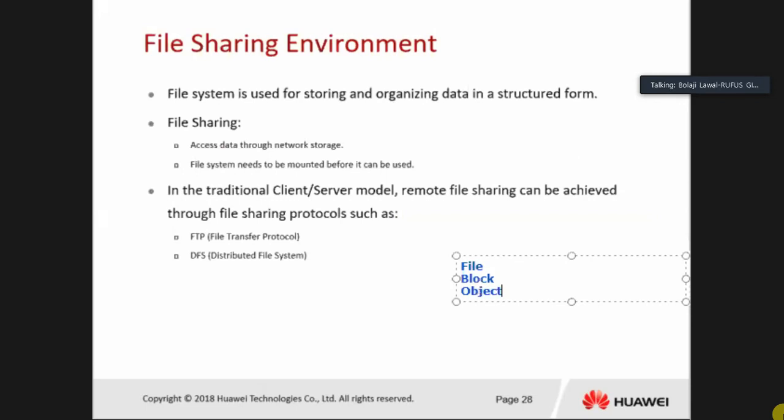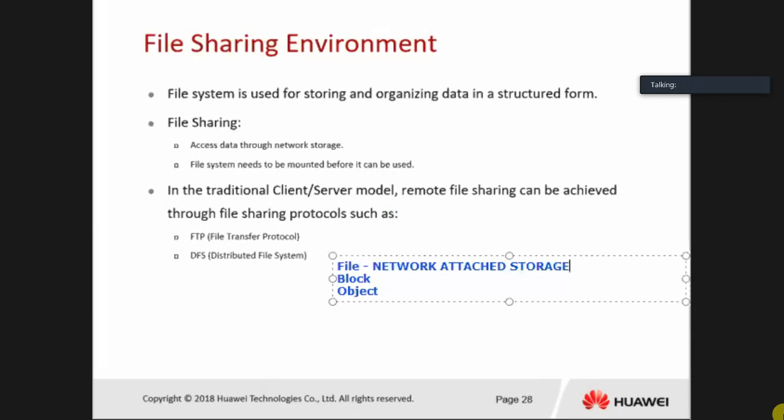So in a storage system, you know, files are shared in three ways. You have the file, which supports network attached storage. Then this supports storage area network.